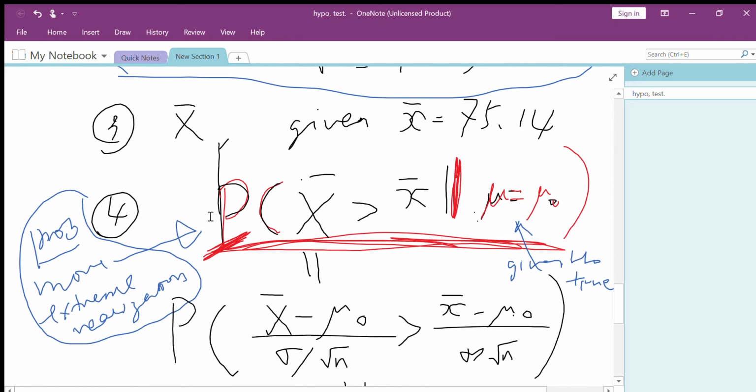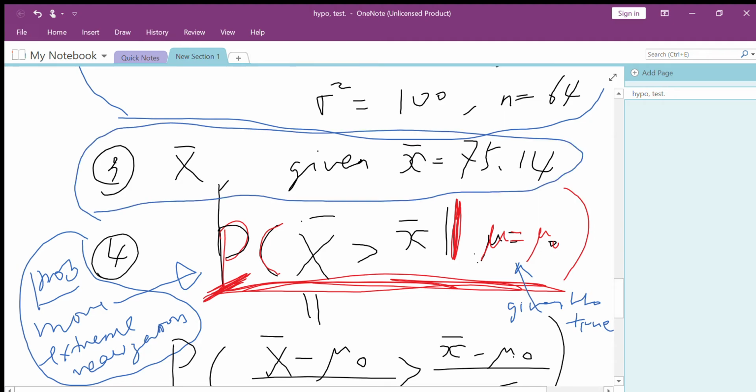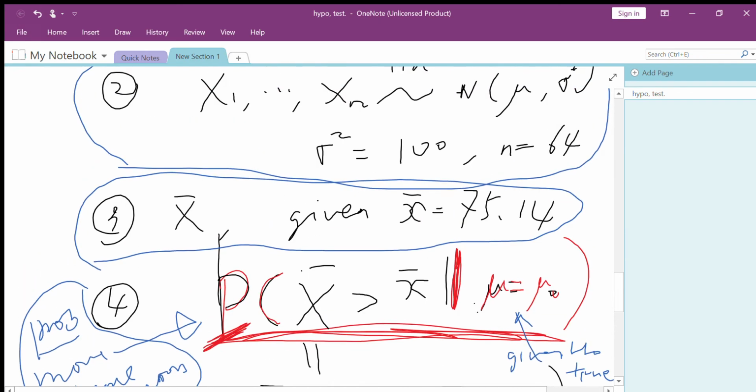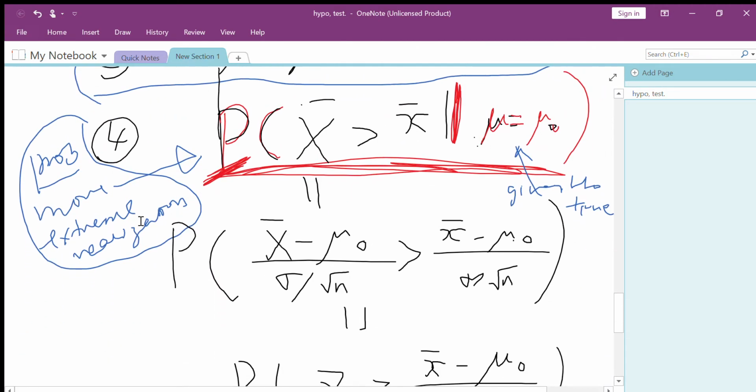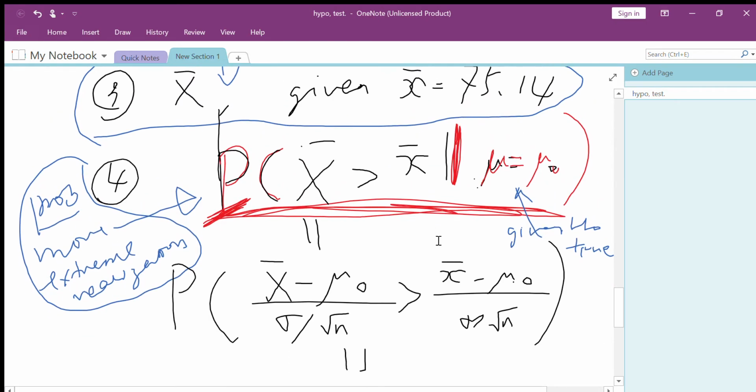And the third step is to propose some test statistic. This is your choice. Here the terminology is called test statistic. And the fourth step is to calculate the probability of a more extreme realization given H0 is true. And the trick here is that H0 is true can be handled by just plugging in the equal sign in H0.